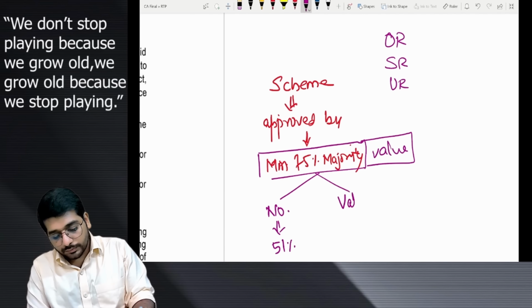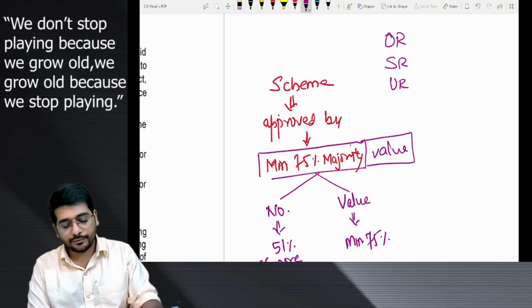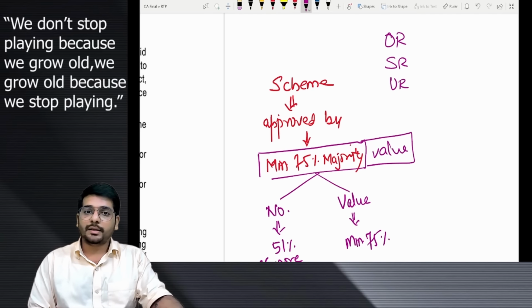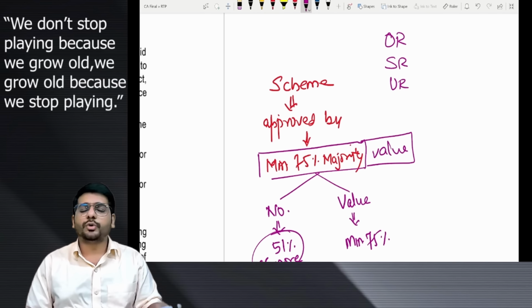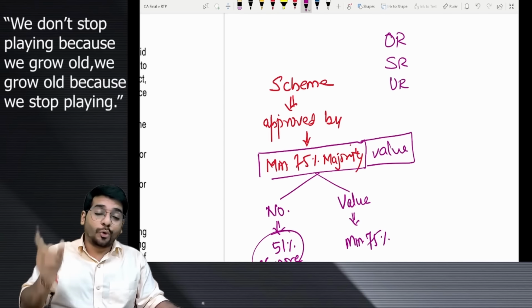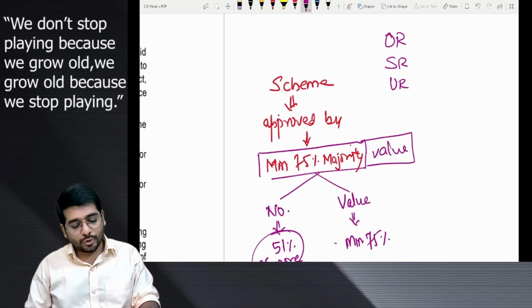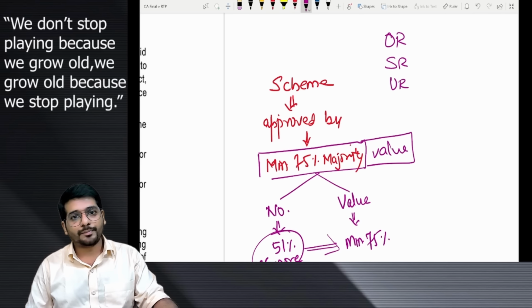And the value held by these people should be minimum 75% of the share capital. Number 51% or more, maybe 52, 55, 60, 70, 80, 90, whatever. And those who are approving should hold minimum 75% in value of the share capital.